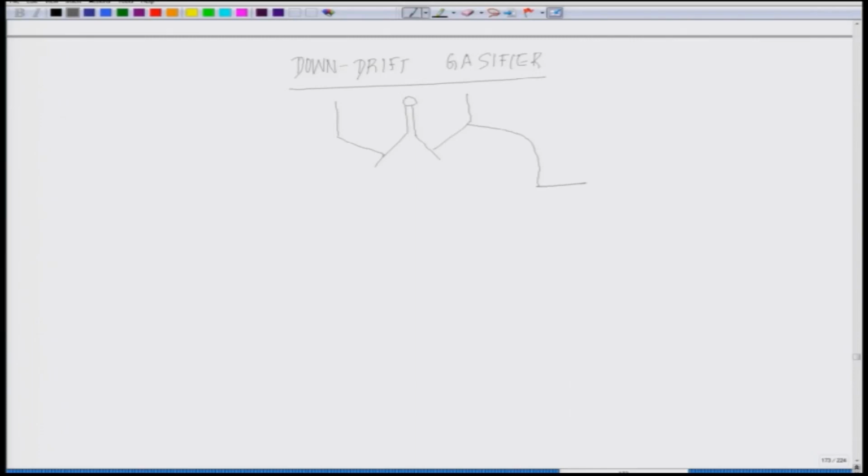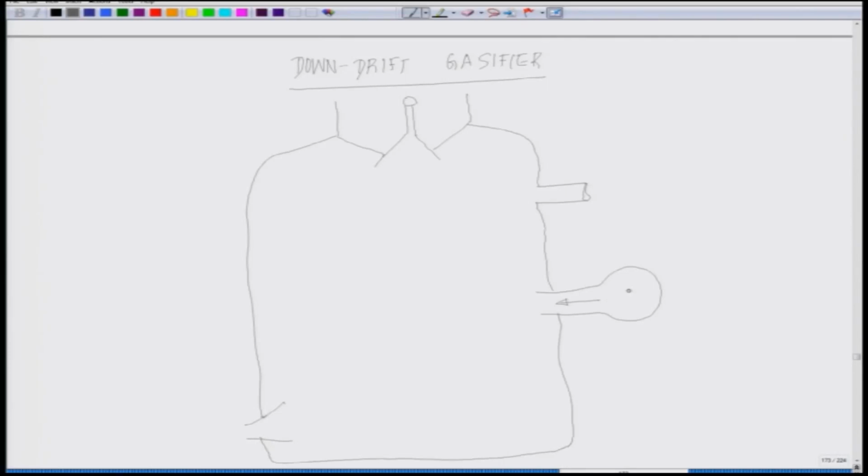Okay. So, here you have, it is not by scale. This is the air port, which is the port for air entry, okay.